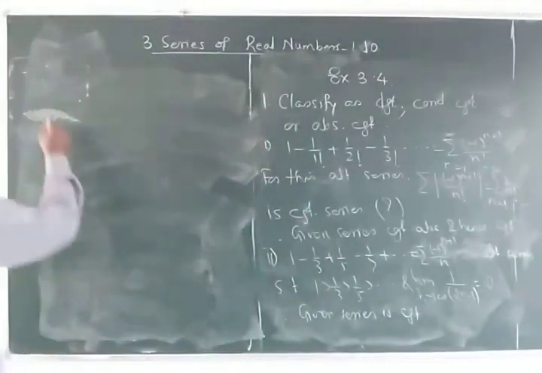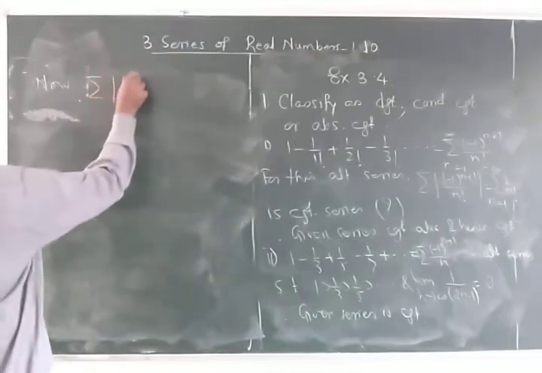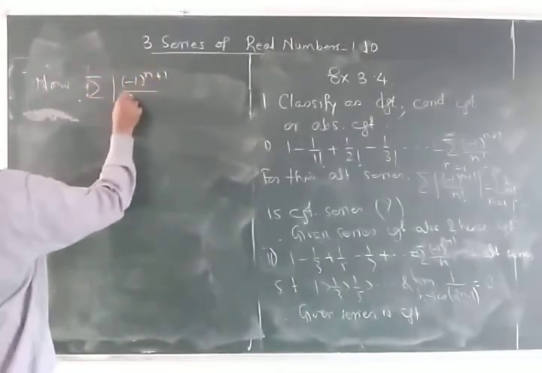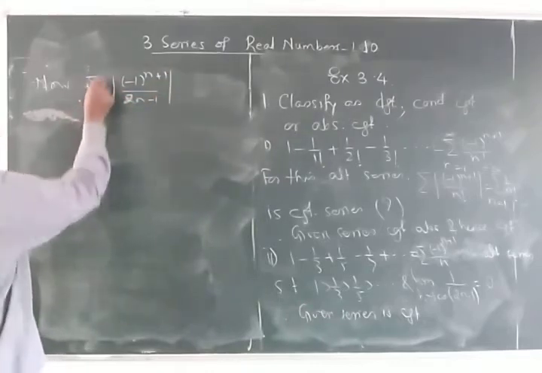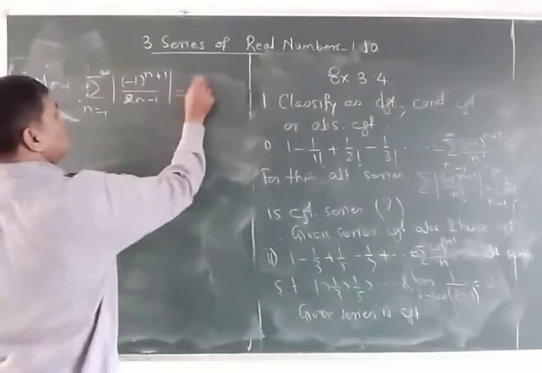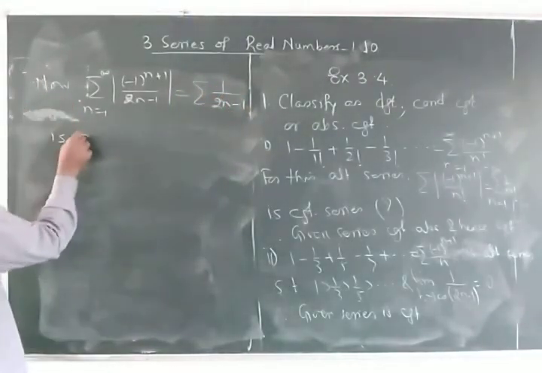Now, summation of mod of minus 1 raised to n plus 1 upon 2n minus 1, n equal to 1 to infinity, is equal to summation of 1 upon 2n minus 1, which is a divergent series.